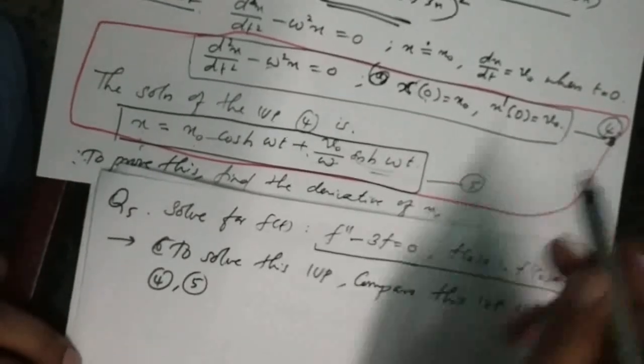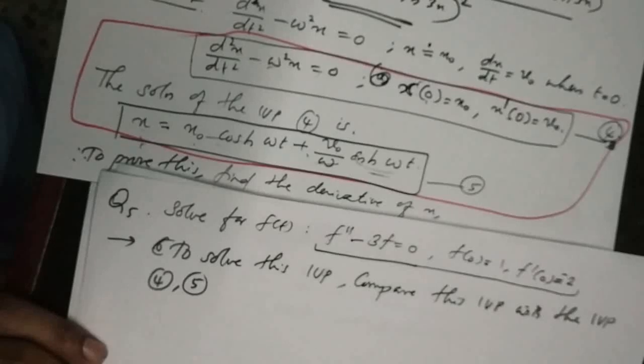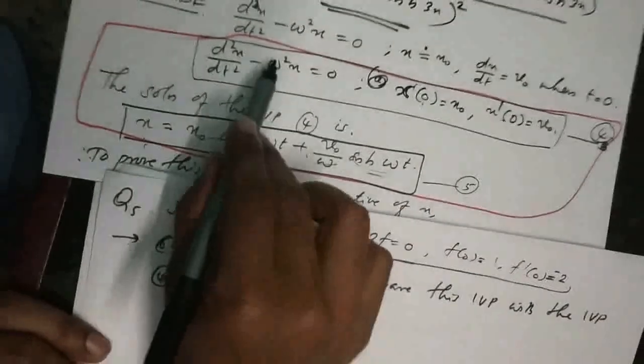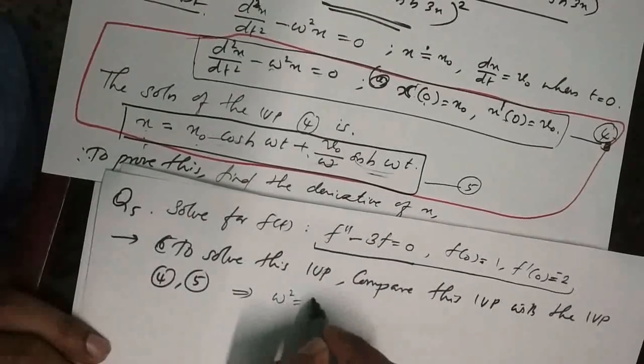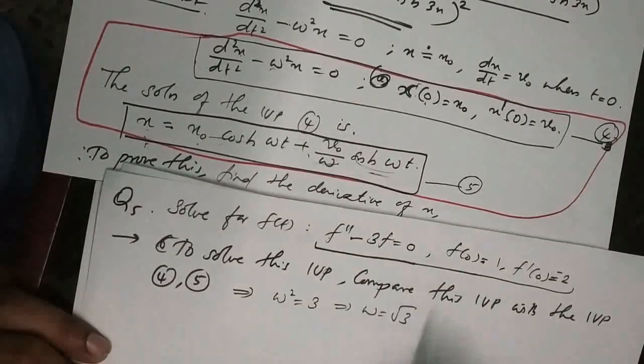Comparing, we get ω² = 3, which implies ω = √3.